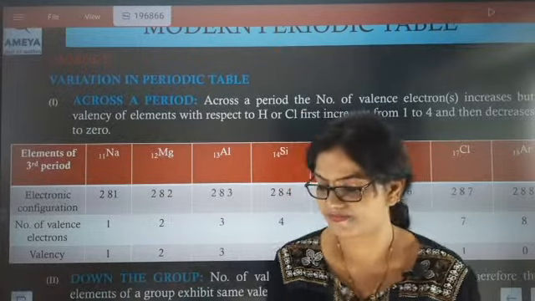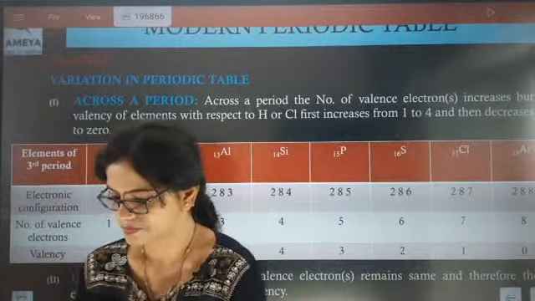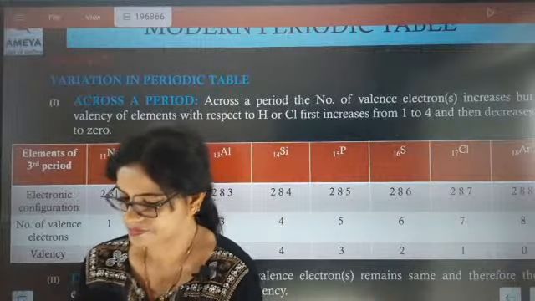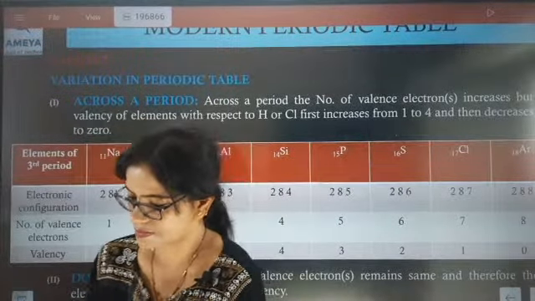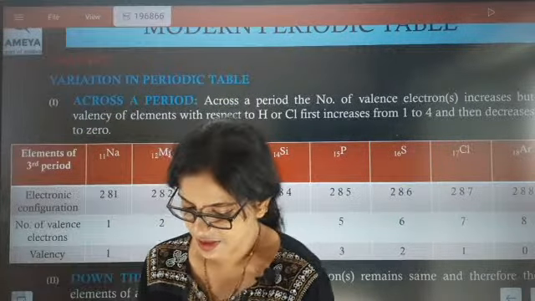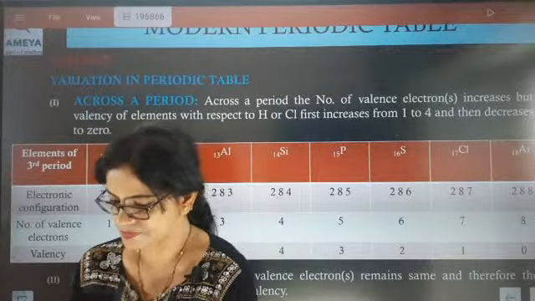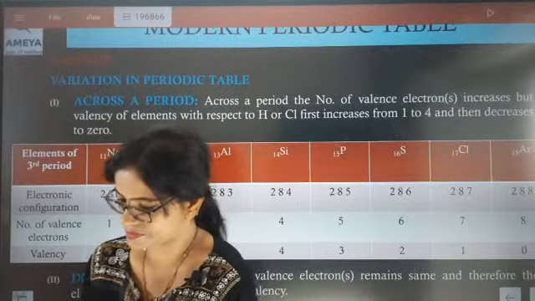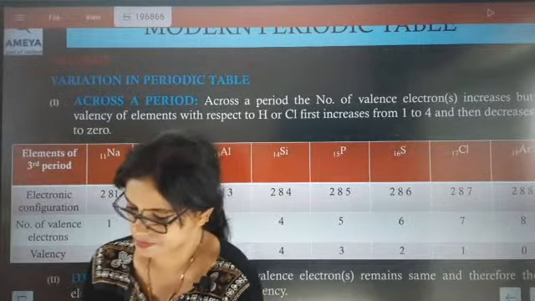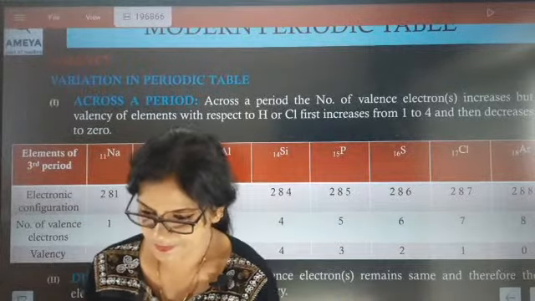Akshaya, false. Tawfiq, true. Akshaya, true. Tawfiq is telling true.